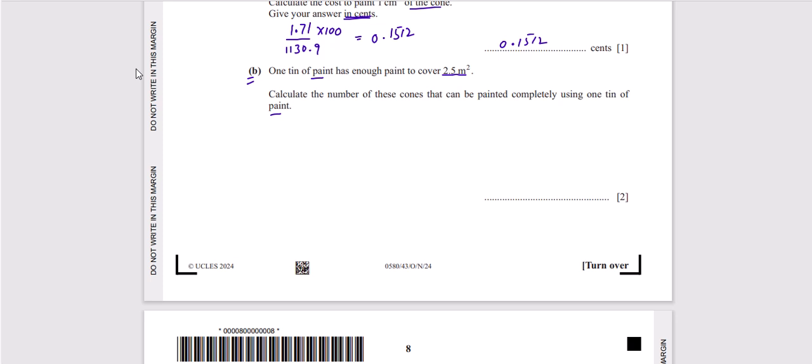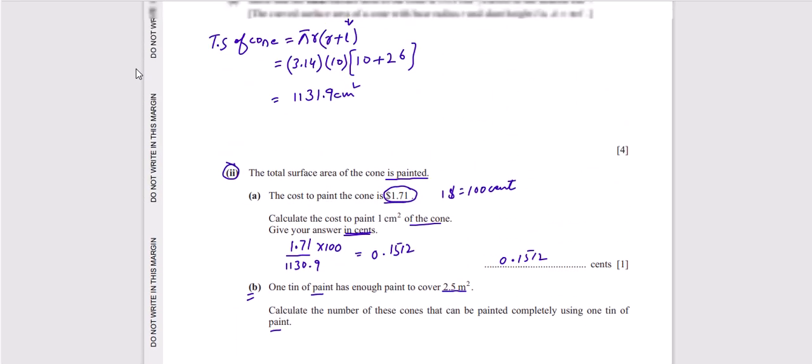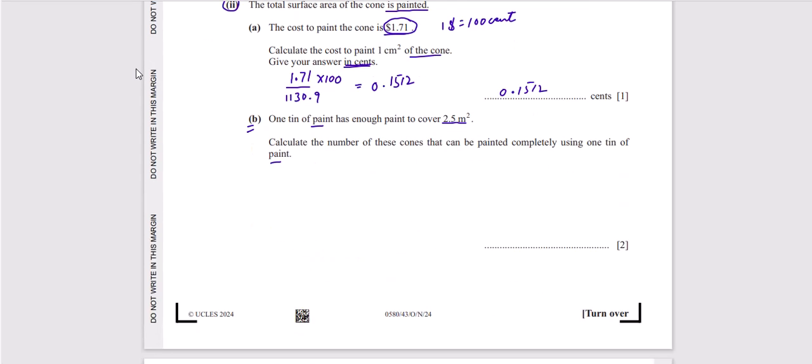So first of all, our total surface area is in centimeter square, but here is meter square. First of all, we convert meter square into centimeter square.